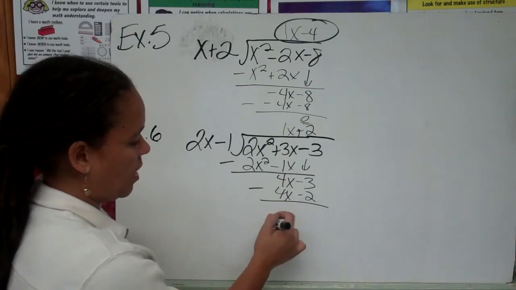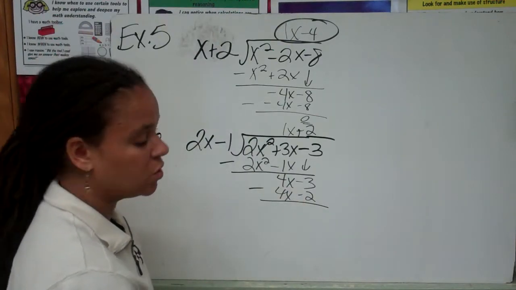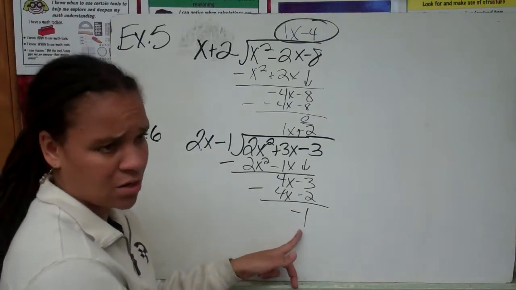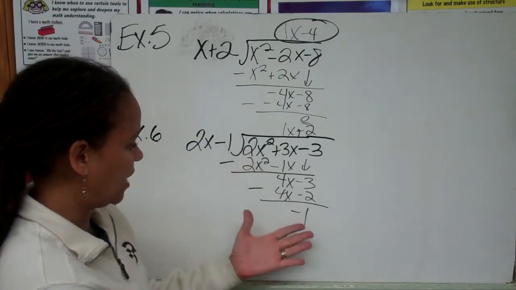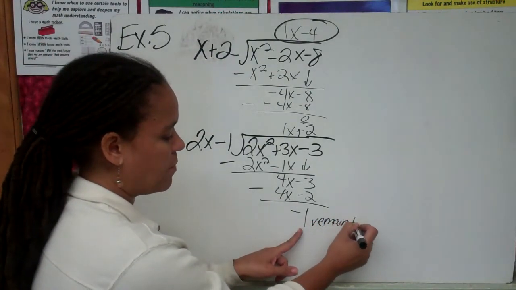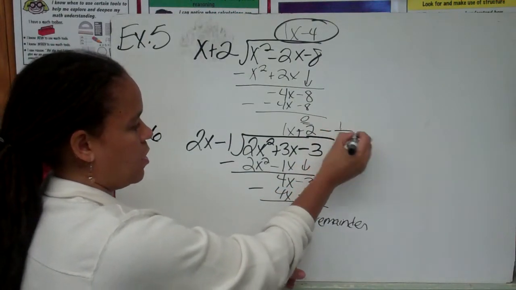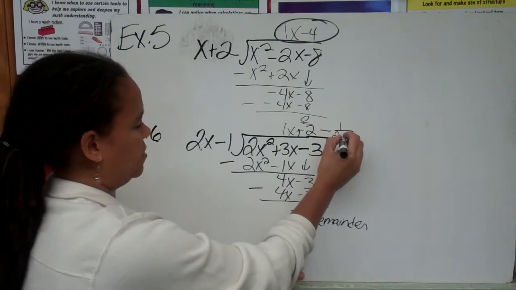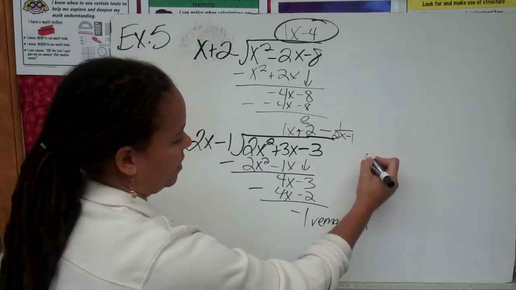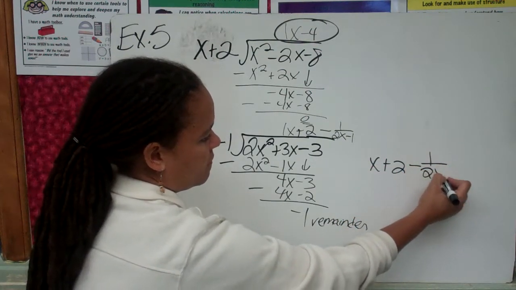Subtract. Those go away. Negative 3 minus negative 2 means negative 3 plus 2, which is negative 1. Now, I can't go any further. 2x can't go into negative 1. There's no x, I can't do anything. So I have a remainder. The way we write remainders is we take the sign, so we'll say minus 1 over the divisor, 2x minus 1. So our final answer, it's kind of squished up there, would be x plus 2 minus 1 over 2x minus 1.